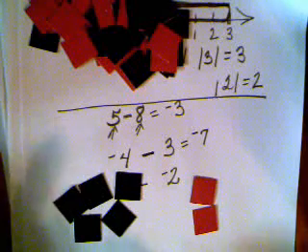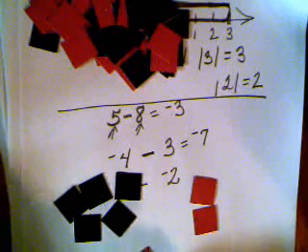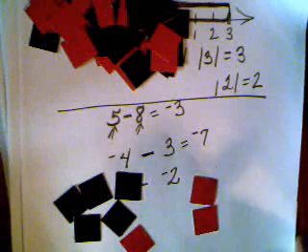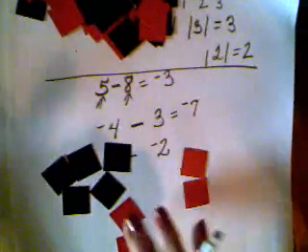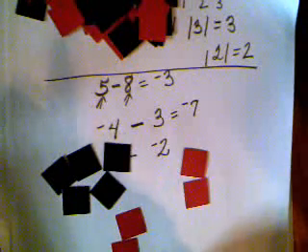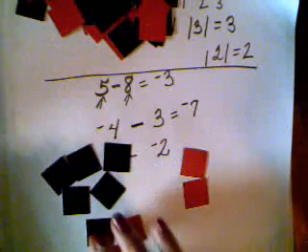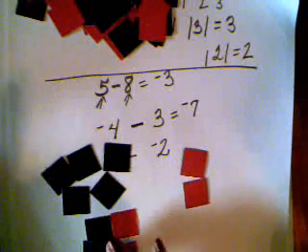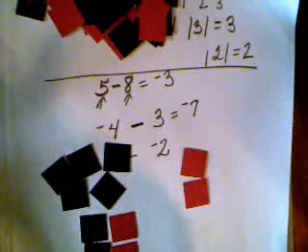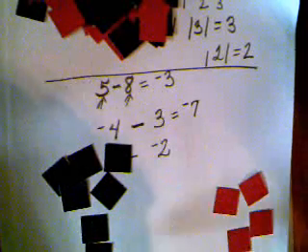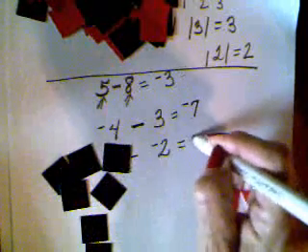So I'm going to have to add 2 red to the first group. But if I add 2 red, I have to add 2 black so that I'm actually adding 0. So now I can take the red away and I'm left with 1, 2, 3, 4, 5, 6, 7 black.